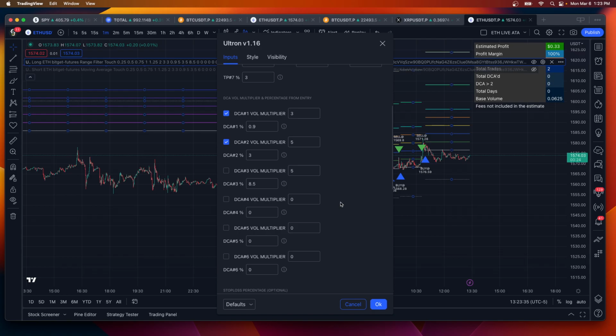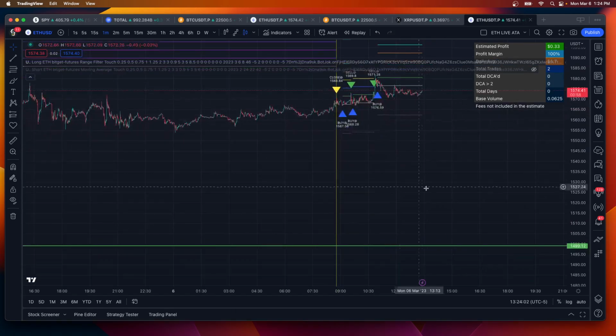If I take 1576 and times that by 8.5%, that's 133.96 movement. So I would take 1576 minus 133. That's my third DCA, roughly. It will change depending on where your second and third DCA end up, but roughly that would put it around 1433.